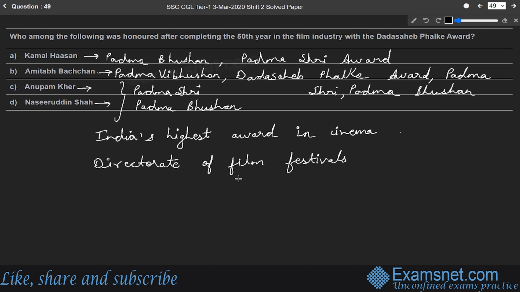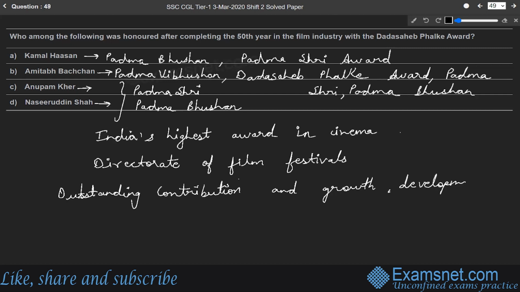And do you know why this award is given to a person? Or why a person is honored with the Dada Saheb Phalke Award? This award is for outstanding contribution and growth, development of Indian cinema.